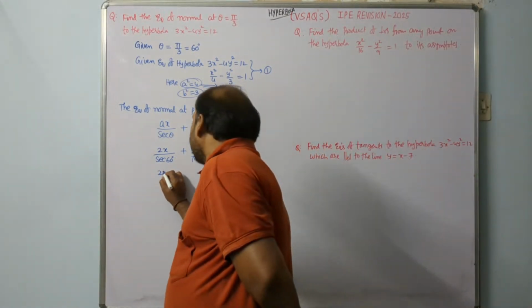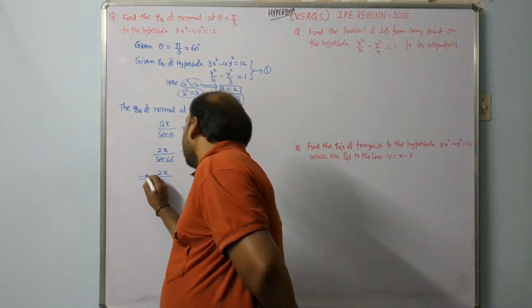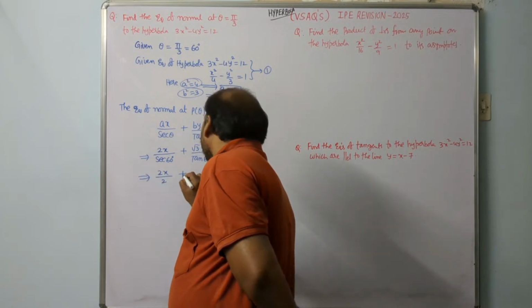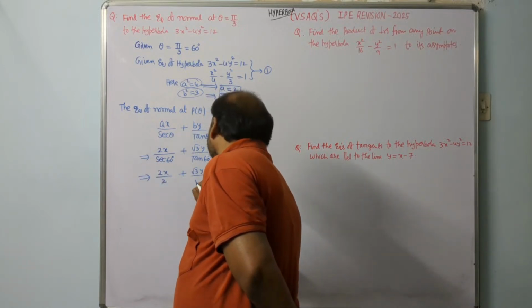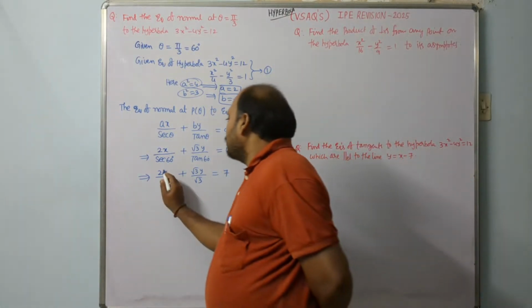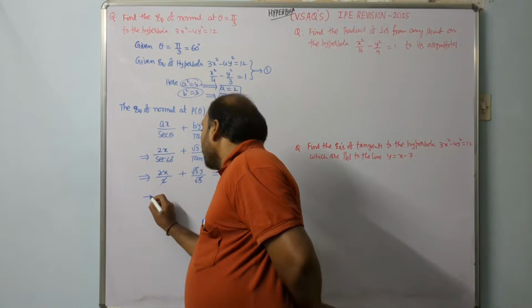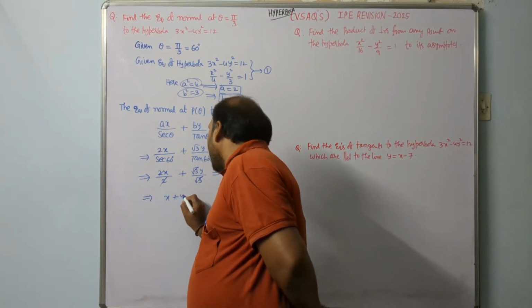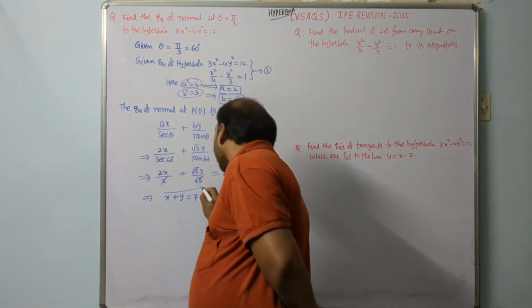So 2x divided by secant 60 is 2, plus root 3y divided by tan 60 is root 3. 4 plus 3 is 7. So 2 get cancelled. That implies x plus y is equal to 7.